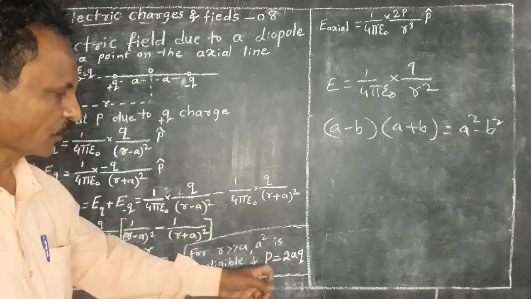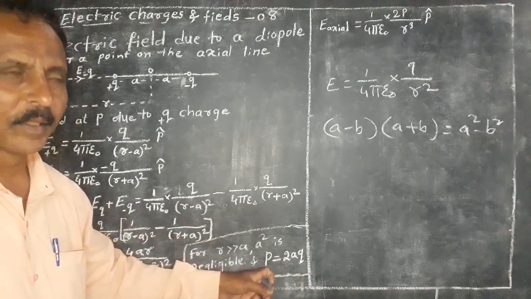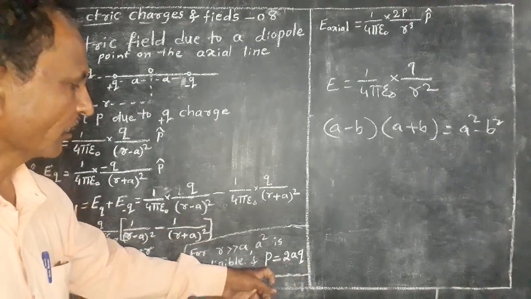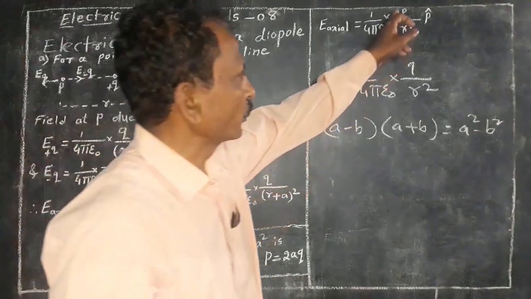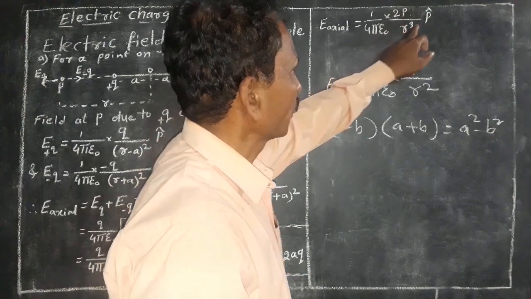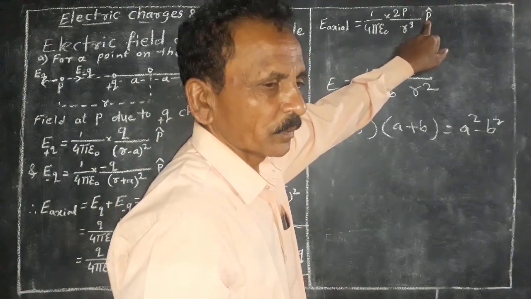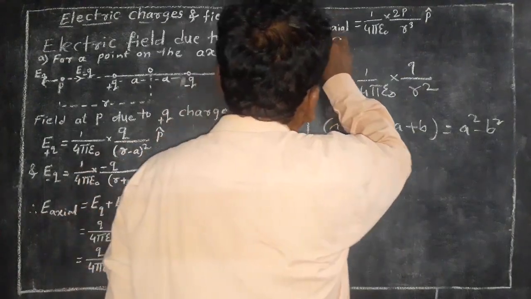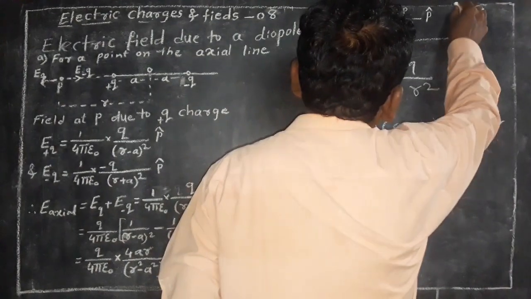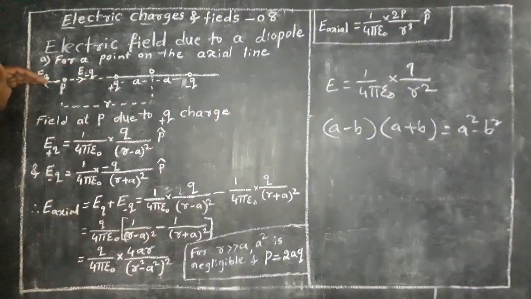But according to the definition, 2aq equal to P is called dipole moment. Hence, 4aq can be written as 2P divided by R cube into p cap. This is the expression for electric field at any point on the axial line of a dipole.